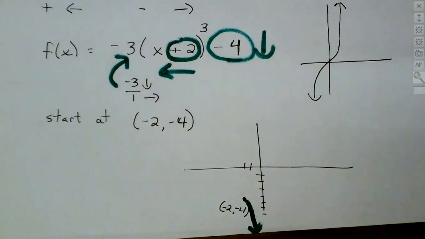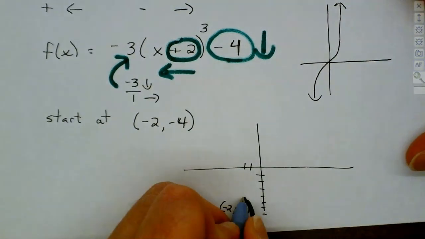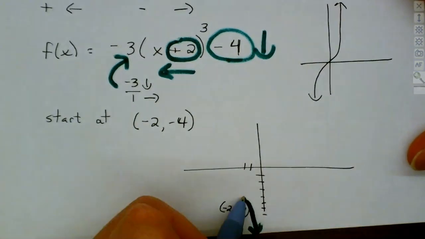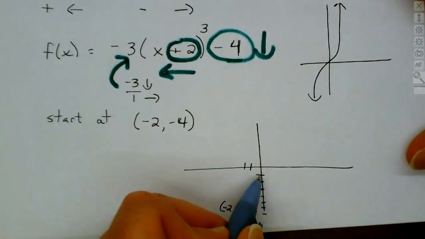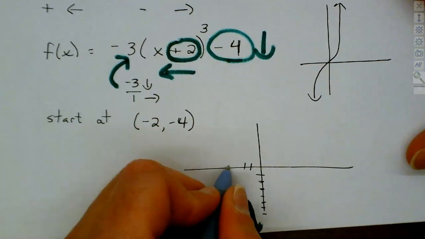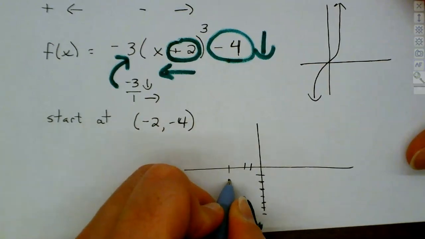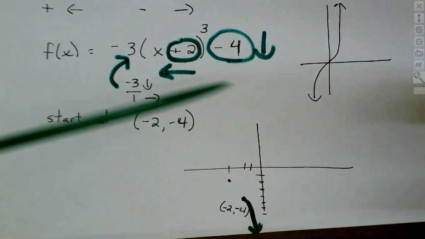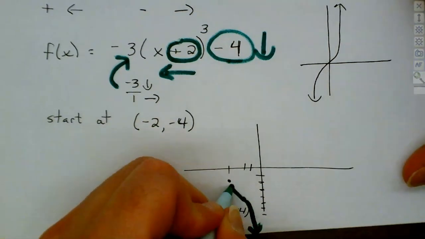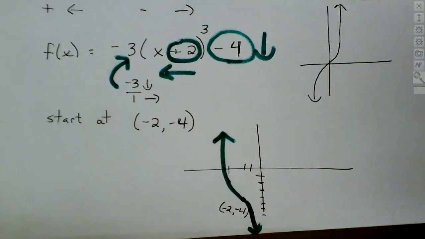Now, how do I get the other side? I go back to my starting point here. I go up 1, 2, 3 units and over 1. So that's going to make my other dot right about there. And there is your picture.